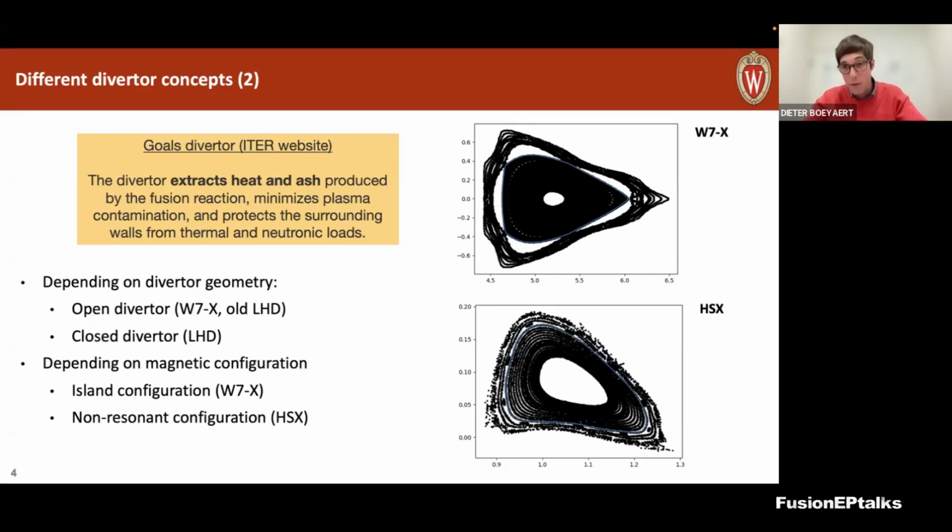But when we look at what we have here on the bottom, HSX, there you don't see such big island structures which you can cut and get your strike line location. In HSX, you basically have no such resonant surfaces, and that's also where the name is coming from. You have a non-resonant edge, so a non-resonant configuration.